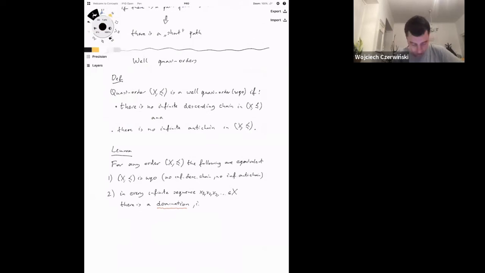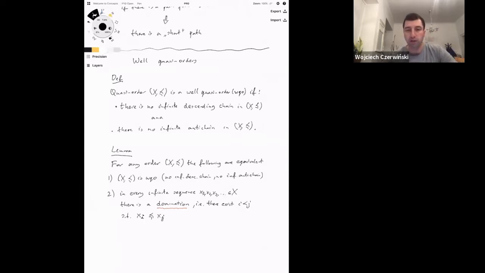What I mean by domination: there exist two indices i and j, natural numbers, such that xi, the ith element of the sequence, is smaller in this order than xj.